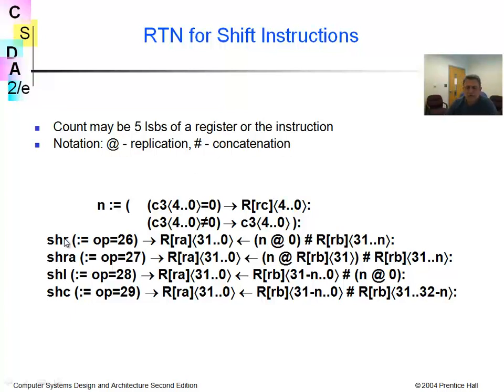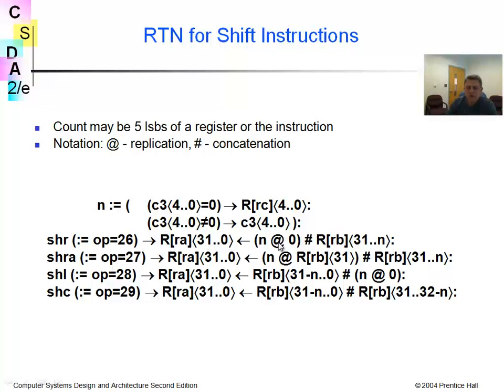Now, shift right says you take ROR-B and shift it to the right. If it is 2 bits, you load bit 31 to bit number 2 and transfer them to bits 31 and 0.